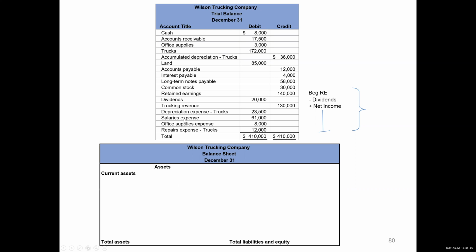It's going to be trucks. So it's going to be over here under plant assets, right? Next, we have liabilities. And again, we're going to have current liabilities, and we'll have long-term liabilities.